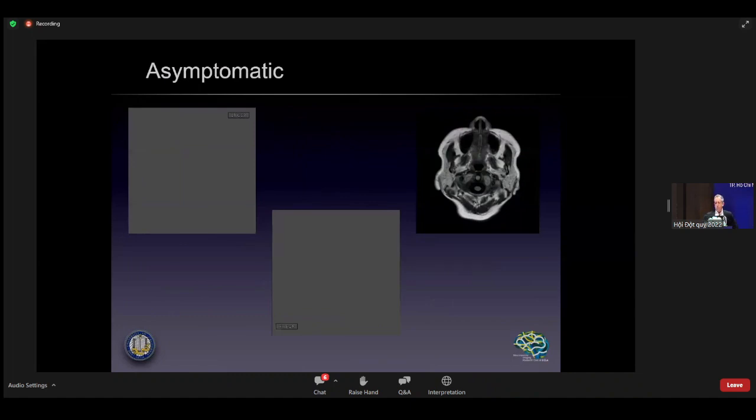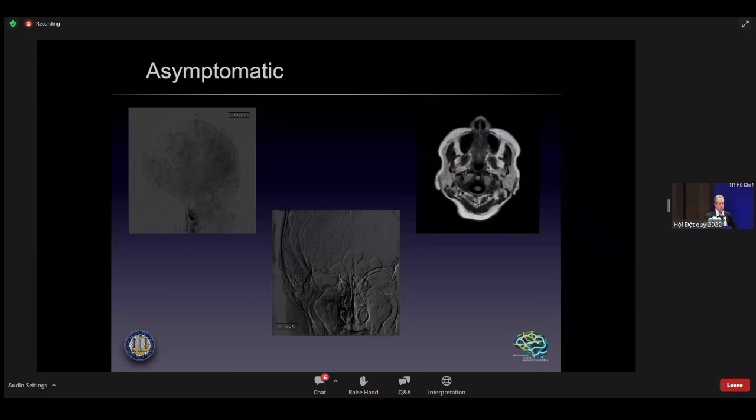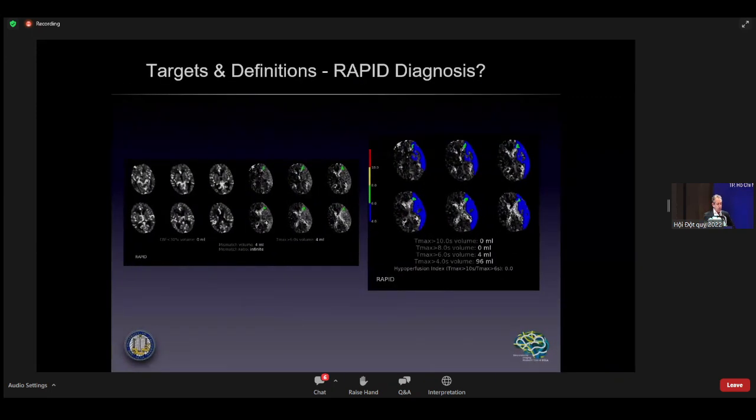We see this as well with asymptomatic disease. Asymptomatic disease is asymptomatic because people don't complain of symptoms. But people come in and they have lesions where there may be a high-grade stenosis of the right internal carotid artery. And once we do imaging, we see that there's good collateral flow and actually underlying disease.